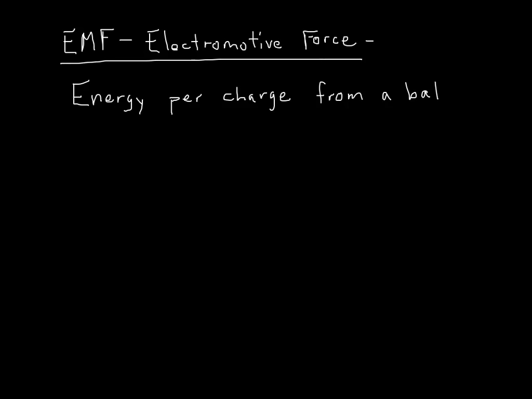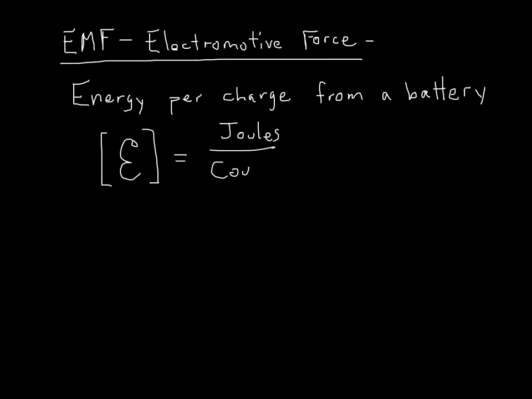It is the energy inside of the battery that allows the electrons to flow from a low potential to a high potential. EMF we describe with this little curly E, and the units, since it's energy per charge, are joules divided by coulombs, which should look familiar. We should recognize that as being equal to a volt. So the voltage that you see on batteries actually tells you the EMF of that battery.